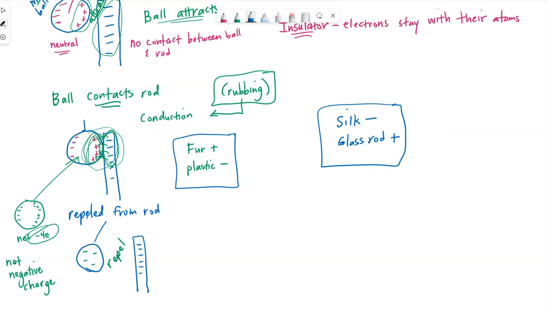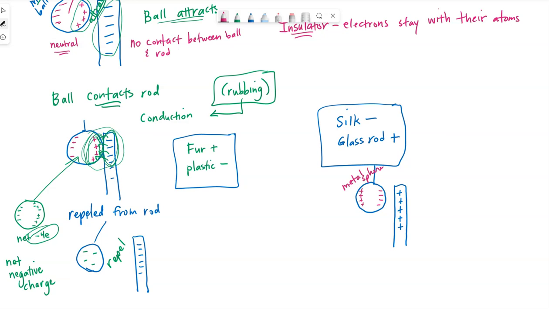That means if I brought my glass rod that now has this net positive charge near a sphere, again, this metal sphere is neutral, but because it is nearby these positive charges, some electrons are going to be attracted to that side, leaving the opposite side positively charged.